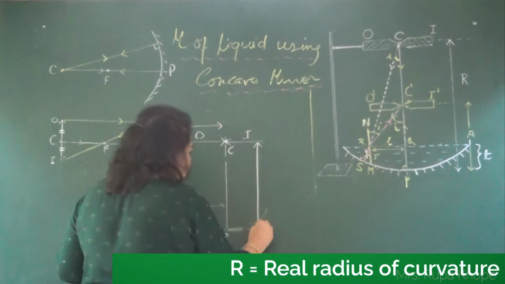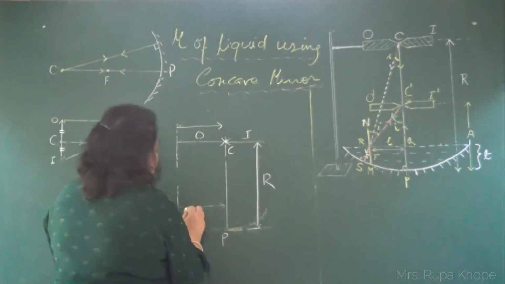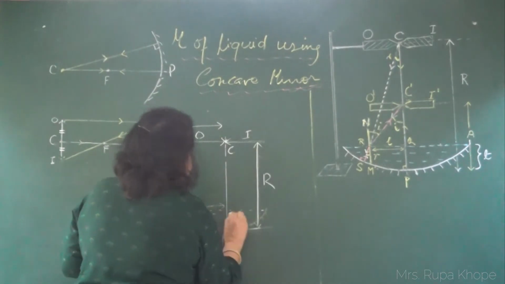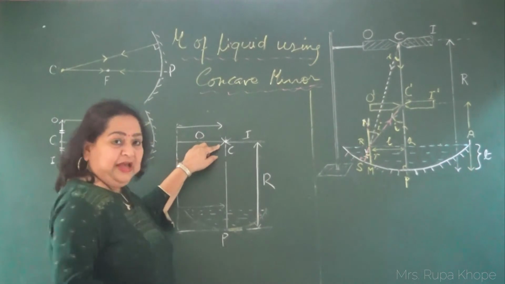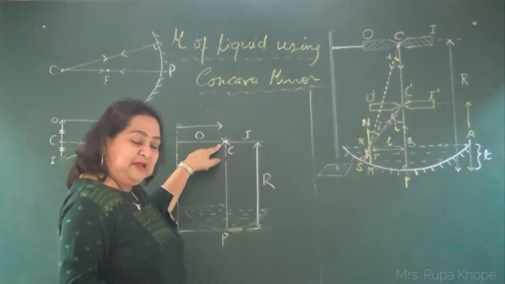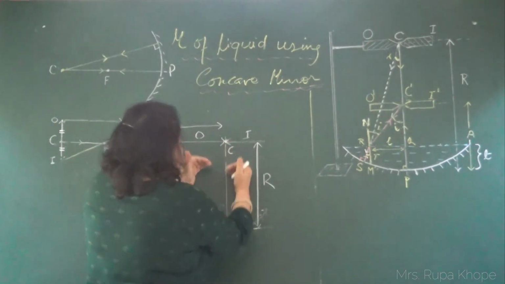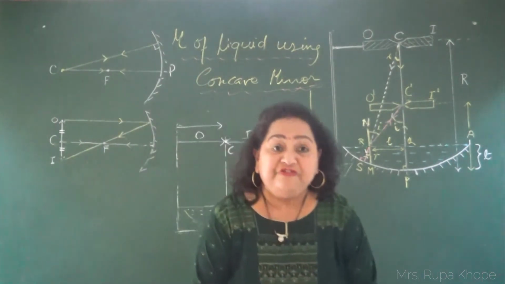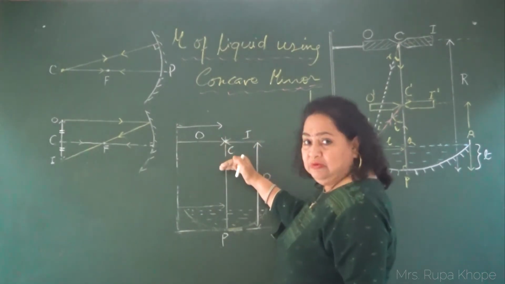This is my real depth. Then what do I do? I put droplets of water in this. And when I put water, will you get the same condition? No. Now there is an apparent shift because of refraction, and therefore the image shifts down.